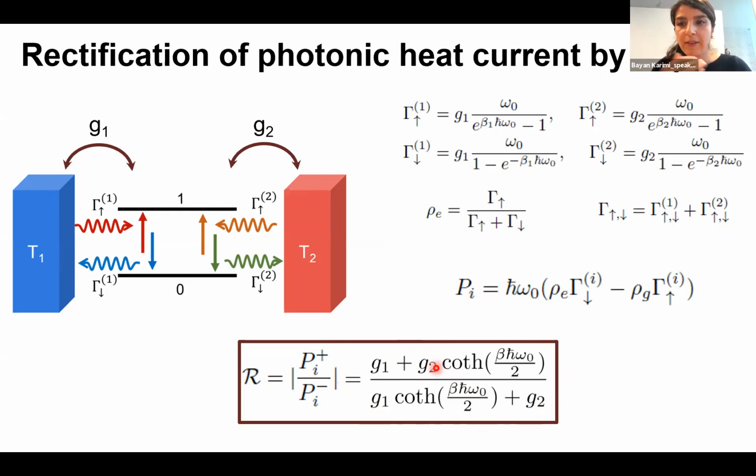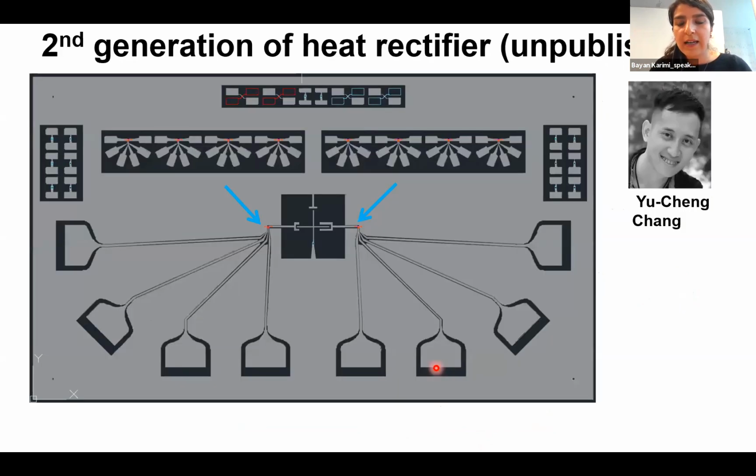coupling. That's why we try to have a second generation of the heat rectifier. This is the ongoing project. But as you can see here, we removed the coplanar waveguide and made a simple setup in order to make it easier to understand how the rectification ratio will work here.